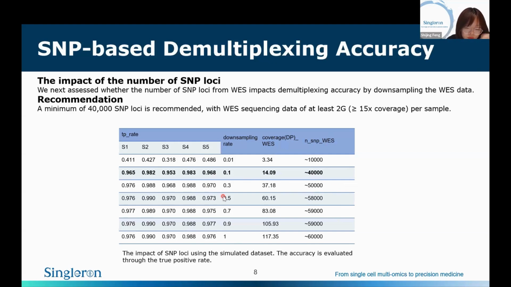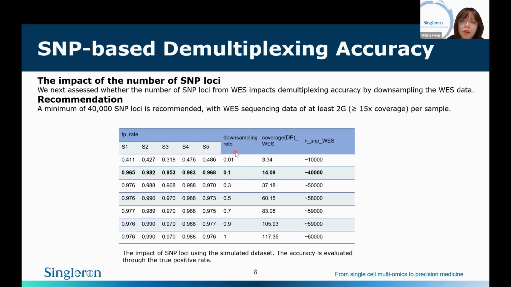However, when we have a very limited number of SNPs, like 10,000 SNPs in this data, we found that the accuracy is limited. So we think it's very important to include enough SNP information. This is very similar to gene expression in single-cell RNA-seq data.